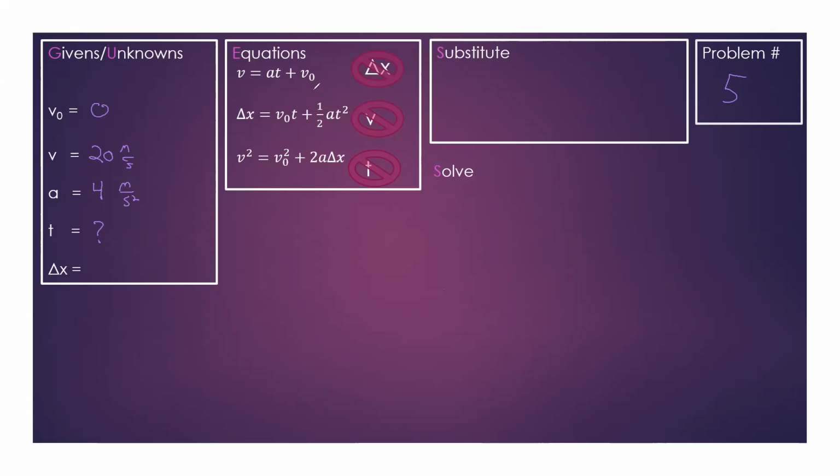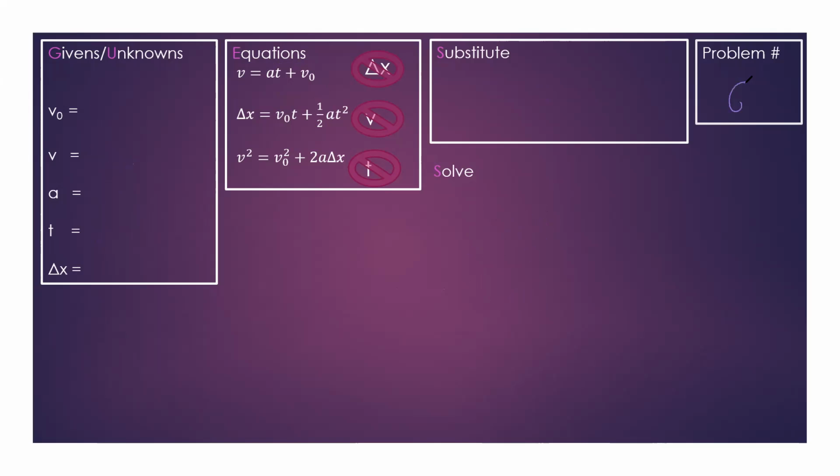So I'm going to pick the equation without delta x. So then I'm going to substitute in that v equals a times t plus v naught. So that's 20 equals 4t, because adding by 0, I can just drop it, divide both sides by 4, and I get that 5 seconds is equal to time.